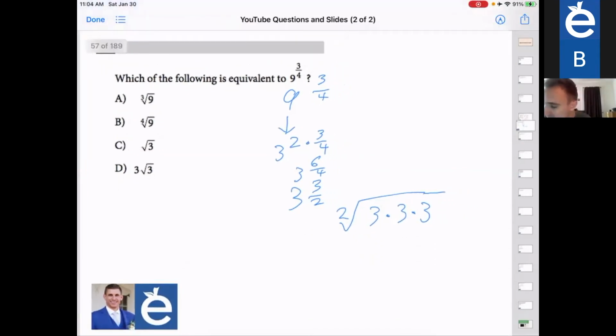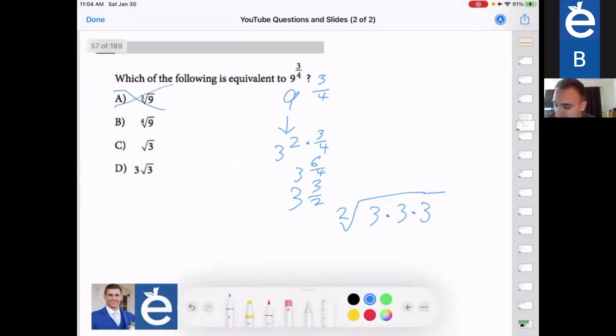So if we look at our answers, we can cross out A and B because that's a misplacing of those numbers. We're not taking the 3rd root, and we're not taking the 4th root. We're taking the square root. So in terms of the radical, it either would have to be C or D. If we think about how we can rewrite this number, 3 times 3 is 9, but I'm going to leave 1 copy of the 3 there. We can't take the square root of a 3, but we can take the square root of 9.